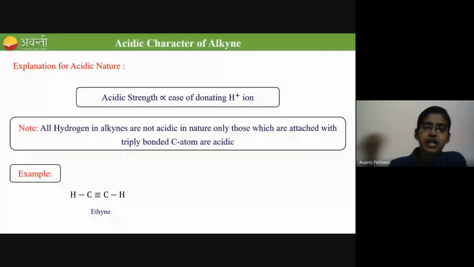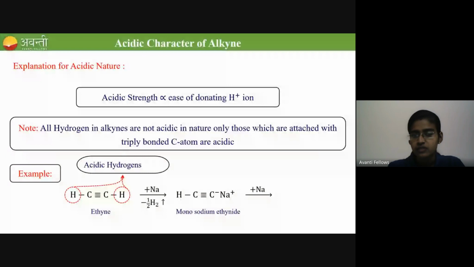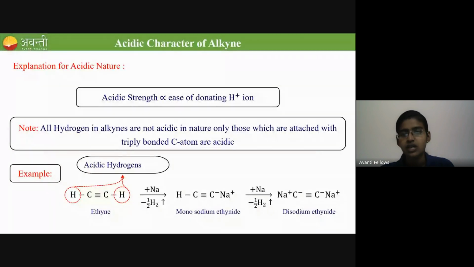Very important. So let us take an alkyne again, which is ethyne here. These two hydrogens are attached to the triply bonded carbon, so these two hydrogens are called acidic hydrogens. When this compound reacts with one mole of sodium, half a mole of hydrogen comes out. Then it reacts with one more mole of sodium, and the second hydrogen also comes out to form the disodium ethynide compound.